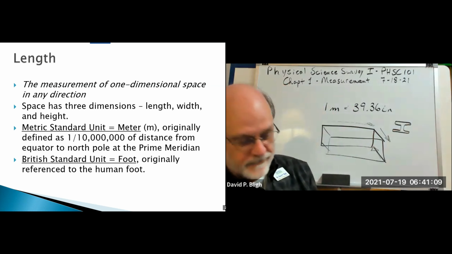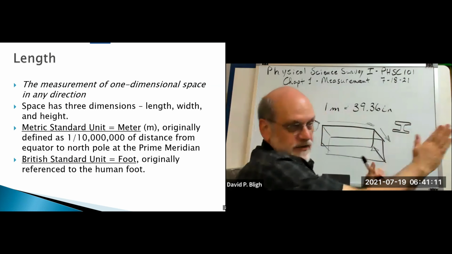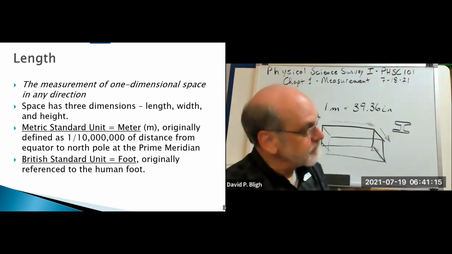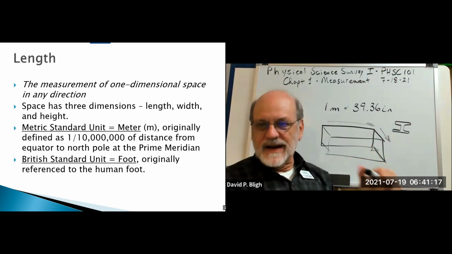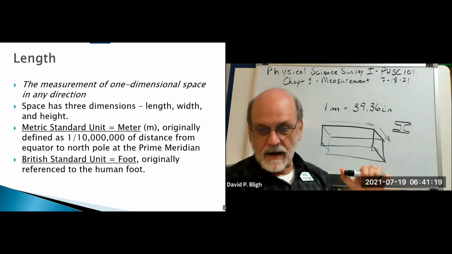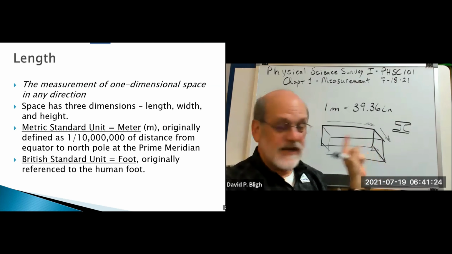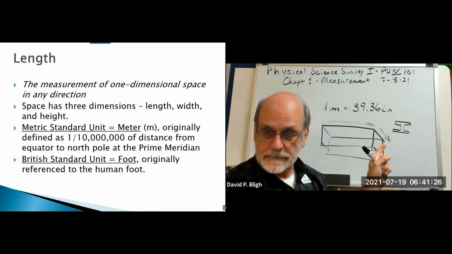Looks like an I-beam. That's the cross section, and then it goes like that. And they made it out of platinum and iridium alloy, which is resistant to corrosion, because once you establish that length, you don't want it to change.